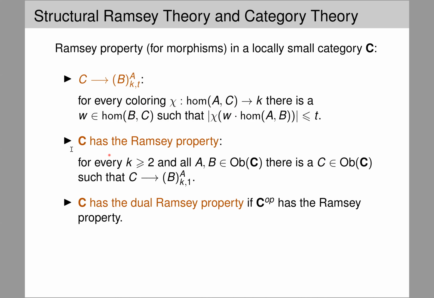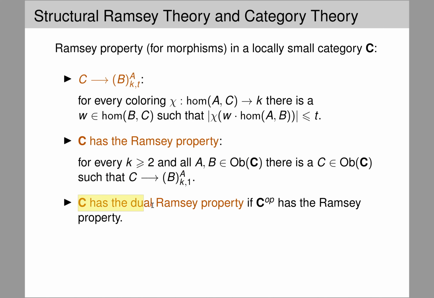And then we say that the category C has the Ramsey property if for any number of colors K and all A and B, which are objects in C, there is an object C such that C is Ramsey for B, A, and K. For the Ramsey property, we take the number of colors to be 1. And as motivated by this slide with the finite Ramsey property and finite dual Ramsey property, it's obvious that this makes sense.